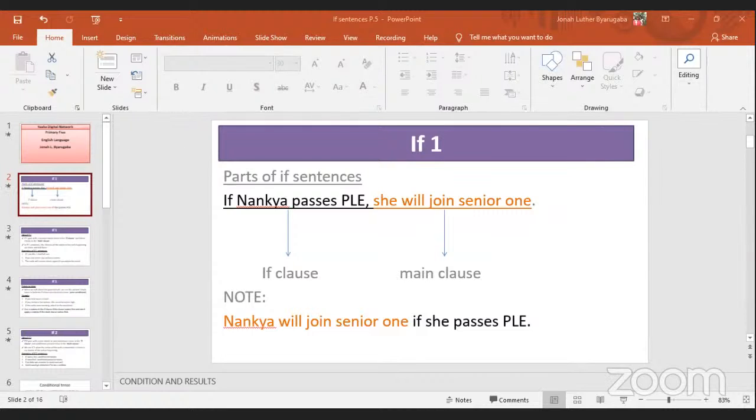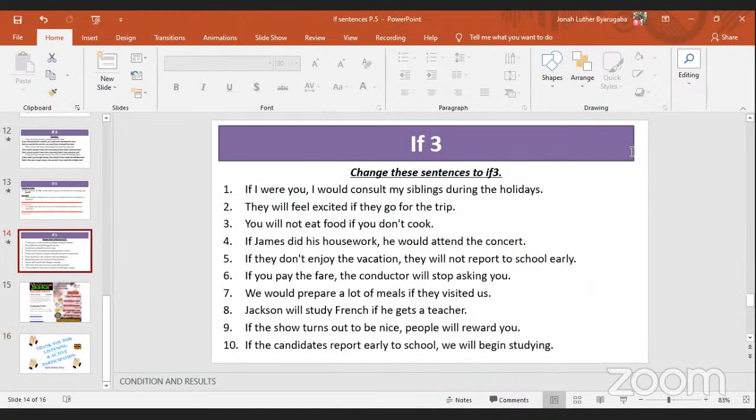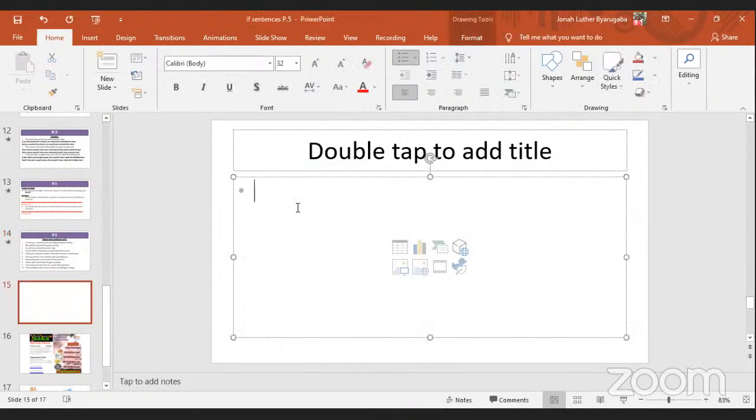Yes, I am. What is the answer? Can I first try with the if clause and then I will join it, so I can understand this properly? Yes. Go ahead.